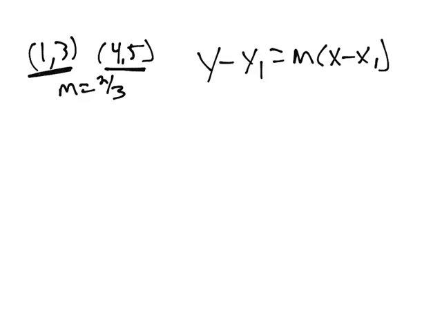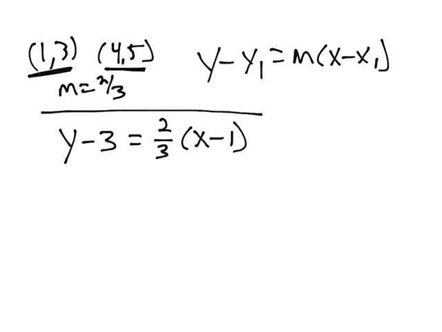Great, someone said 1, 3, thank you. So if we plug in y1 is going to be 3, x sub 1 is going to be 1, and our slope is 2/3. Then we get a perfectly acceptable form of the equation of this line.